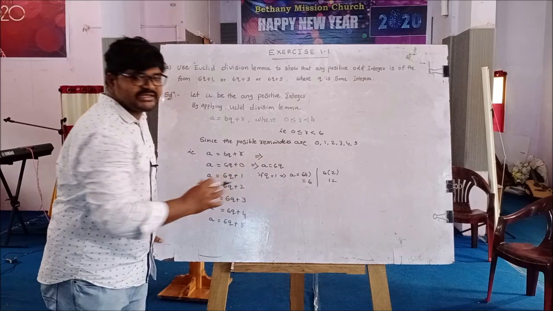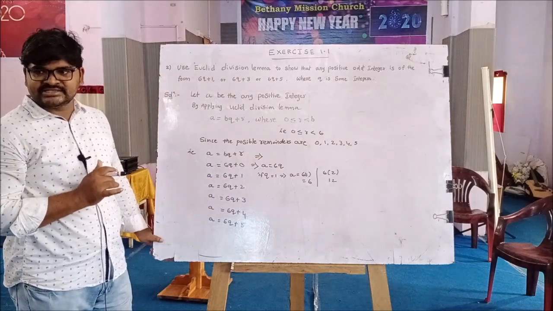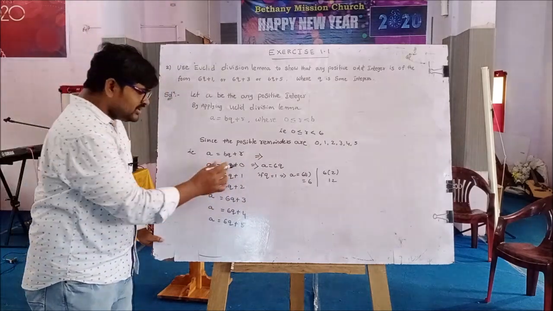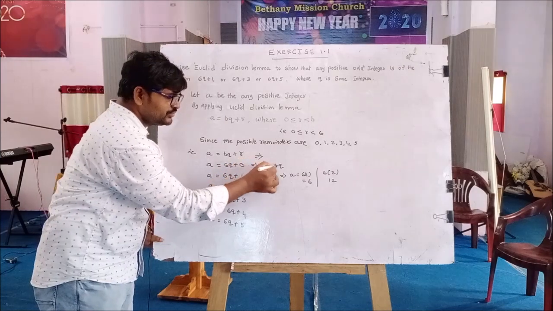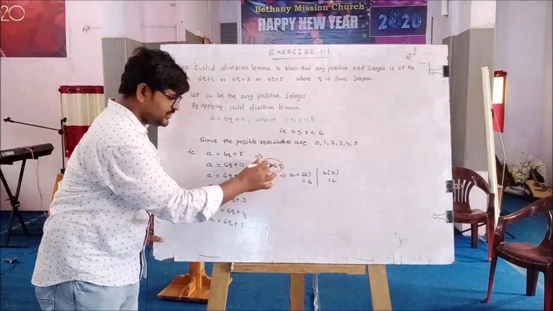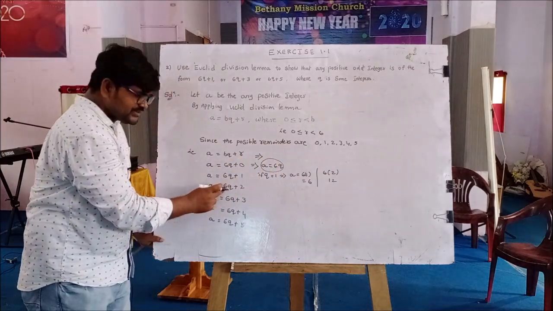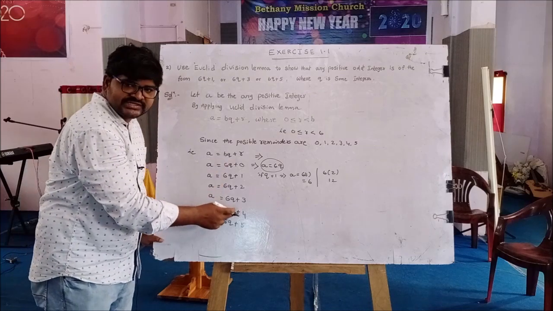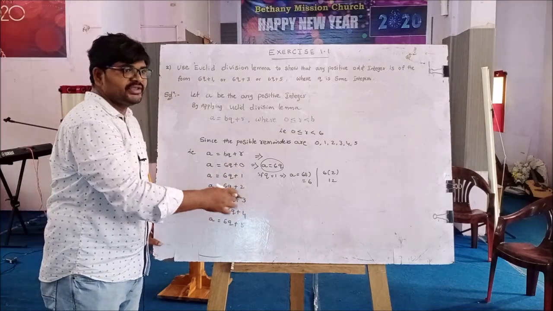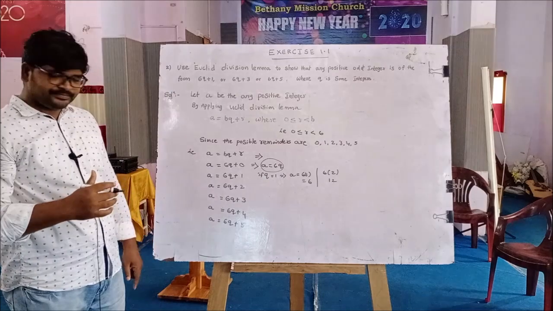Here 6 is an even number. So A equals 6q plus 0 equals 6q, A equals 6q plus 2 and A equals 6q plus 4 are even numbers.